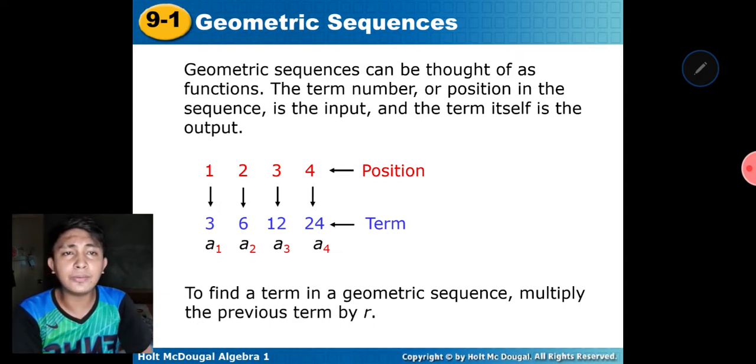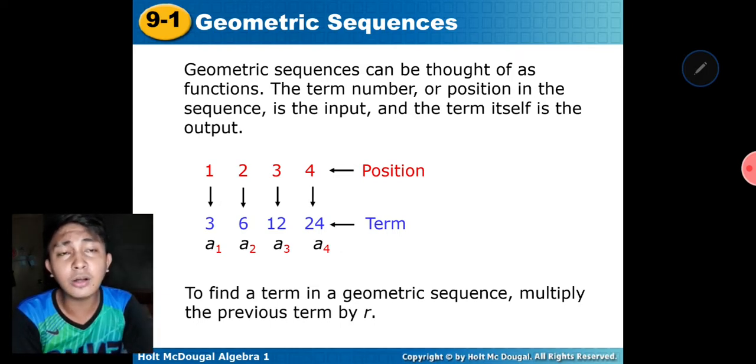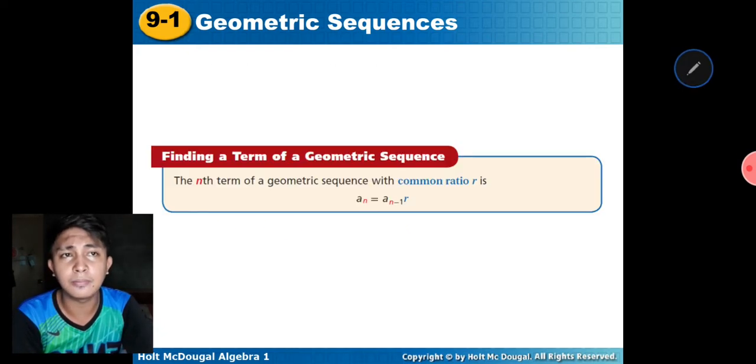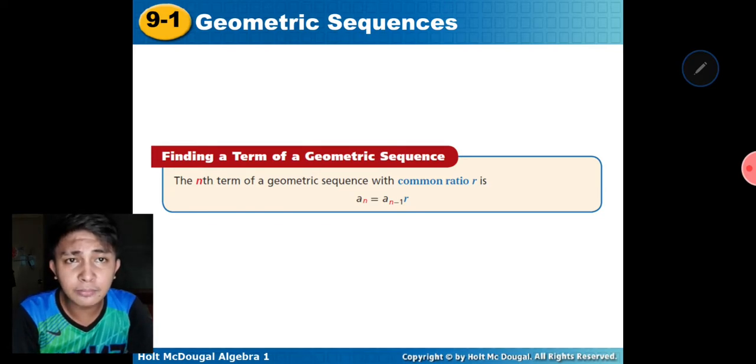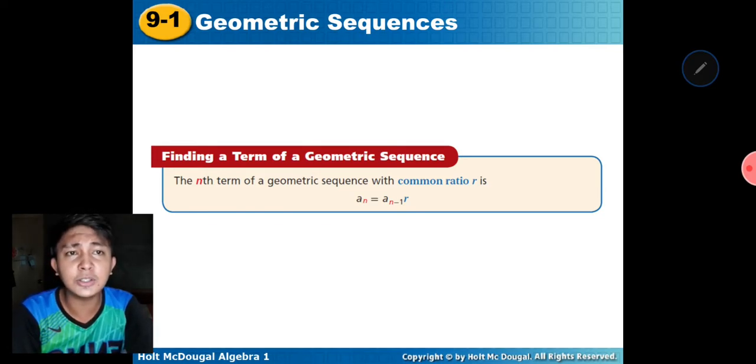To find a term in a geometric sequence, multiply the previous term by r. So how do we get r? The nth term of a geometric sequence with common ratio r is a sub n equals a sub n minus 1 times r.